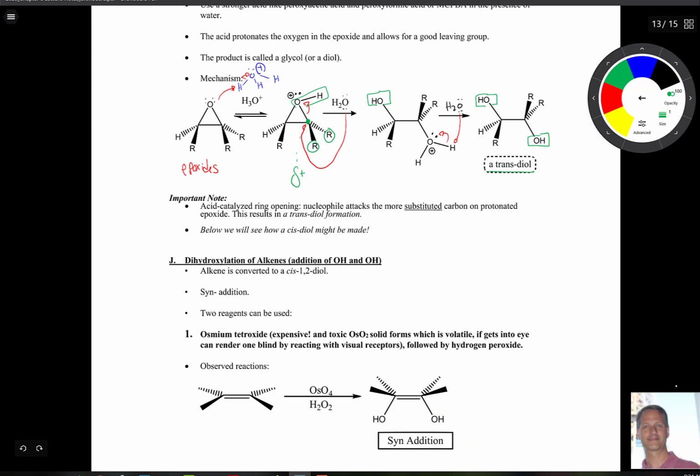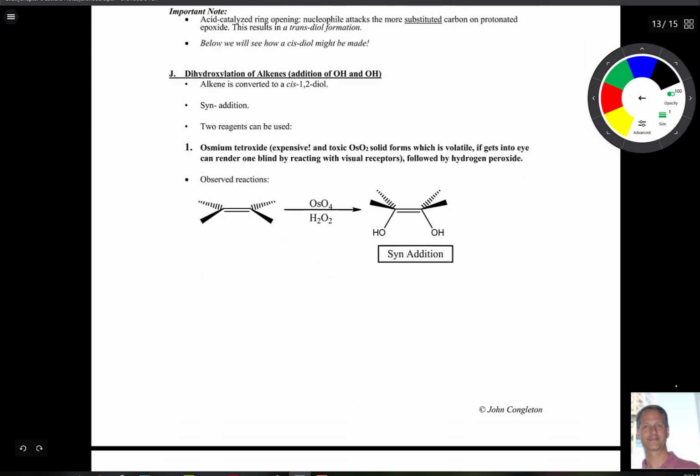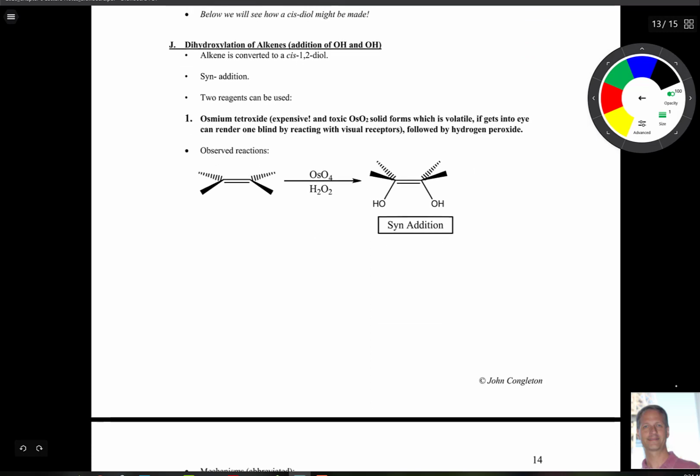There's a couple reagents that we can use that will make cis diols. So cis diols can be made by using osmium tetroxide. That's OsO4, in the presence of peroxides. So it gives you a syn addition, and for the osmium tetroxide, it's a couple things. It's expensive, it's toxic.